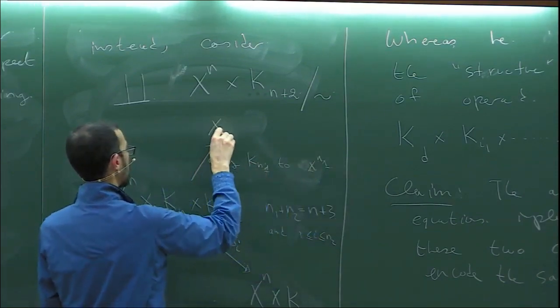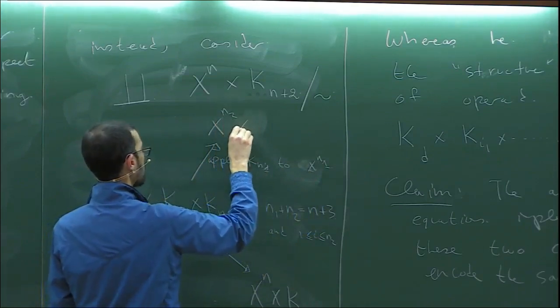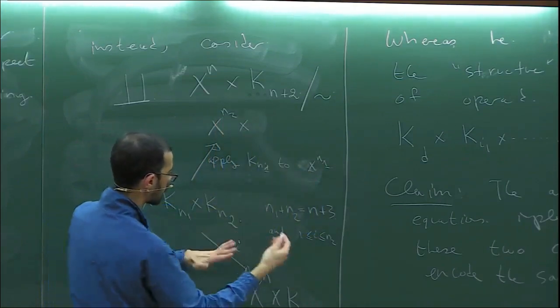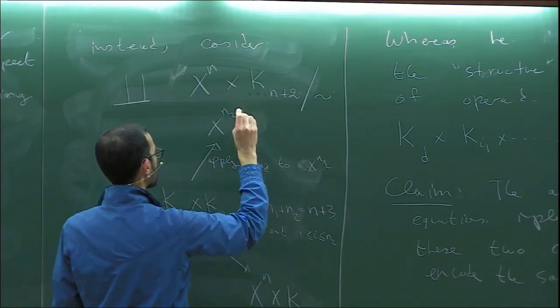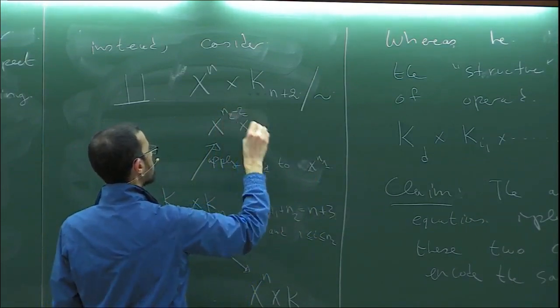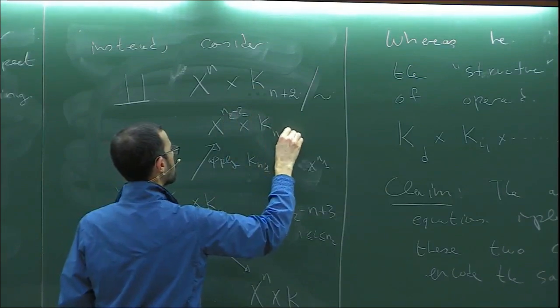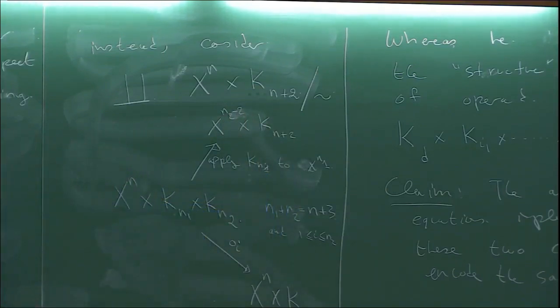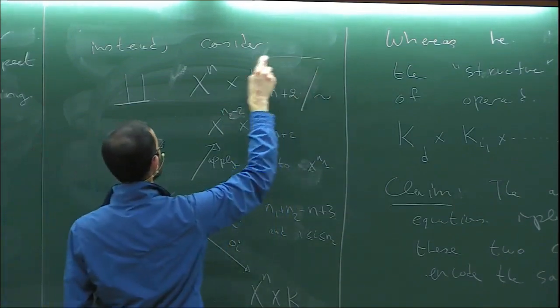And this will then land you in X to the n2. Okay, so now there is some numerology to be done. I claim it goes to here, n2 minus 2, K to the n. So that's the equivalence relation that you do.